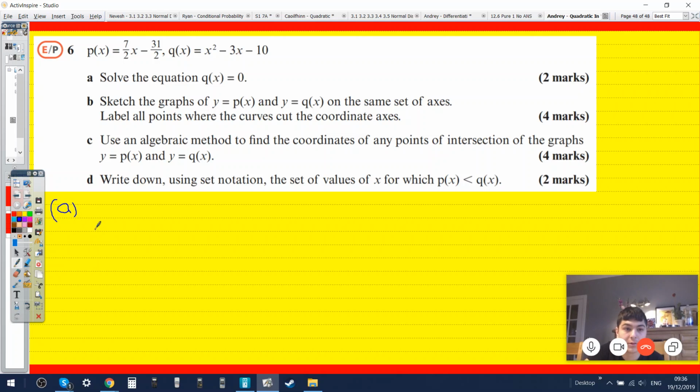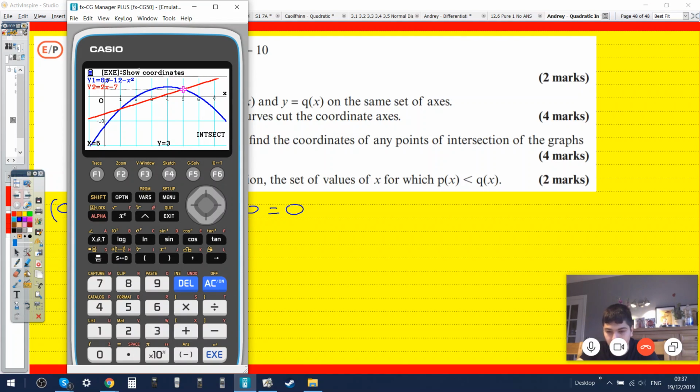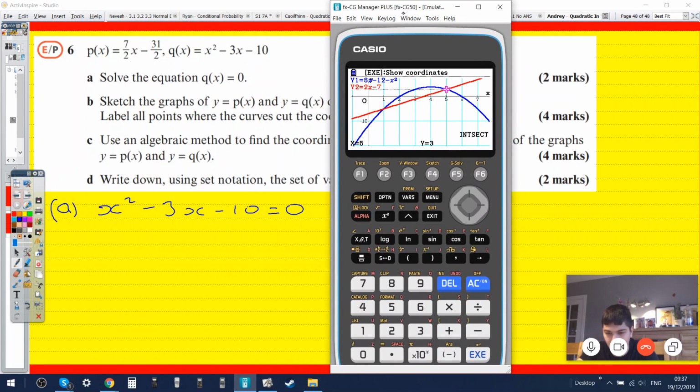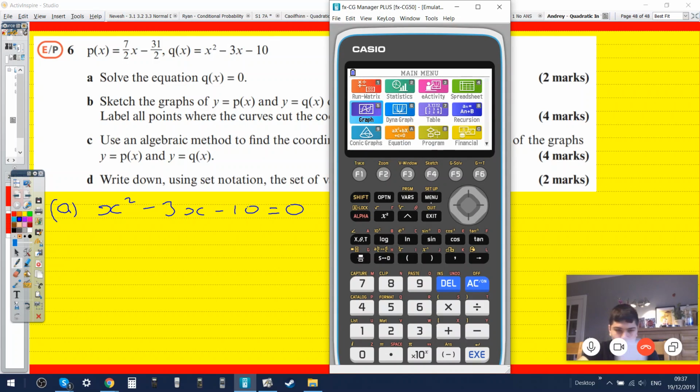So is that just x squared minus 3x minus 10 equals 0? Yeah. And then it says x is 5 or x is minus 2. Okay. And there you go.